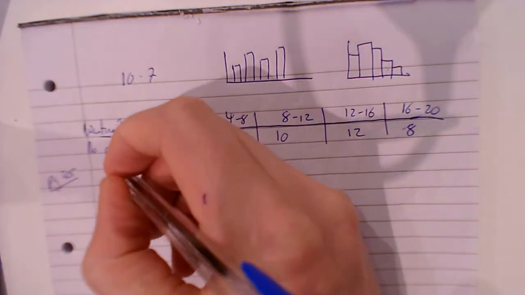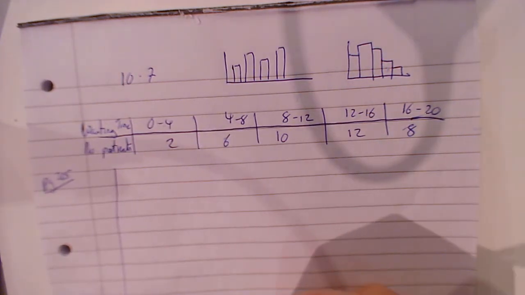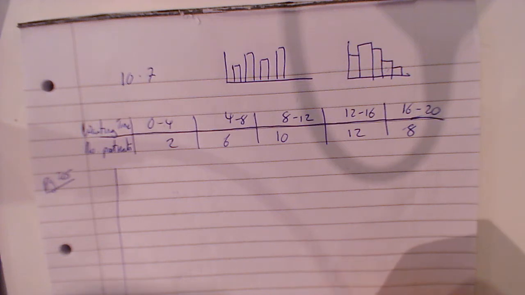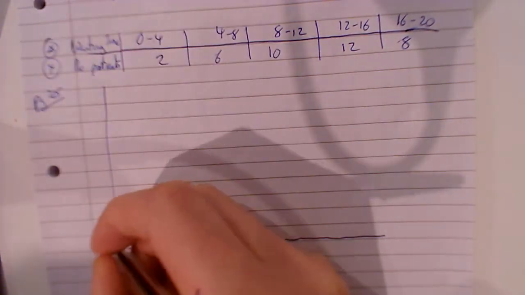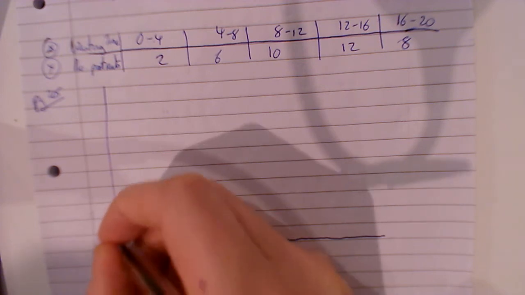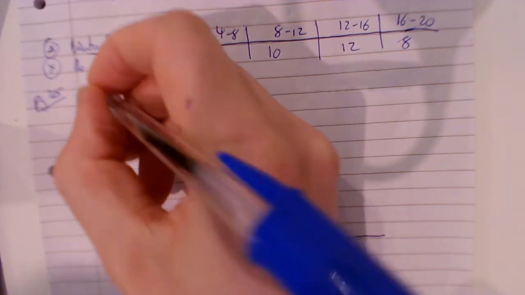So, you will have lovely rulers. Label it. First of all, this is the x-axis, this is the y-axis. Number of patients. So it goes all the way up to 12. 1, 2, 3, 4, 5, 6, 7, 8, 9, 10.